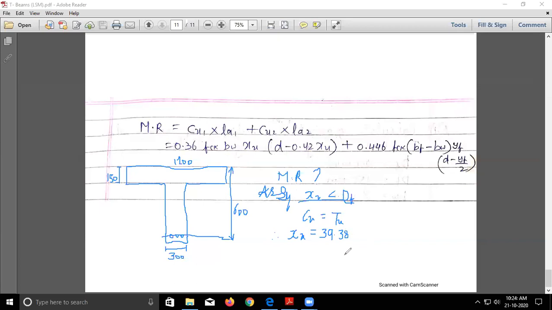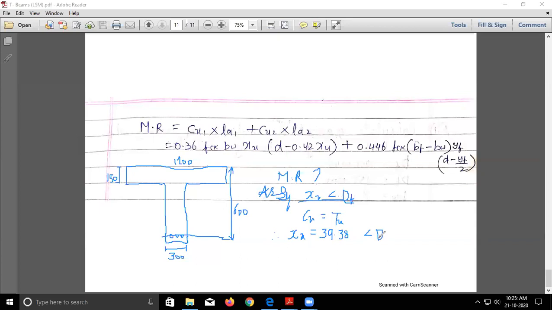Okay, Abdul Qayyam also is getting 39.38. Okay, fine. So we got the value of XU. Now tell me, is the assumption we made correct? DF is 150, so this XU is certainly less than DF.